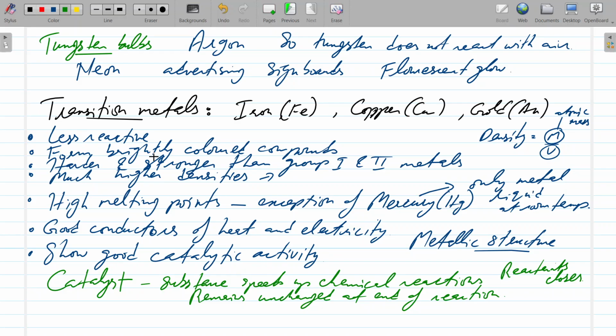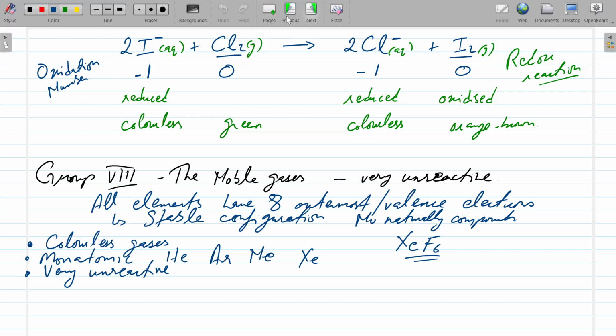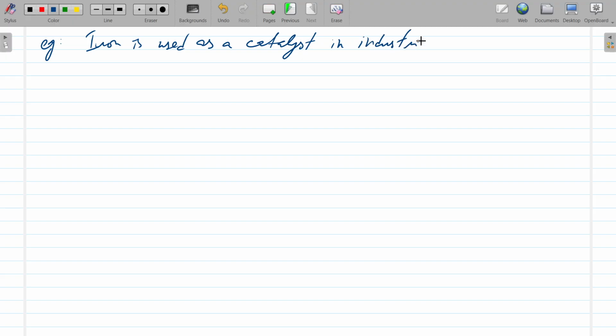And so these transition metals show good catalytic activity, and so they are used as catalysts in industrial processes. For example, iron is used as a catalyst in the industrial production of ammonia gas.